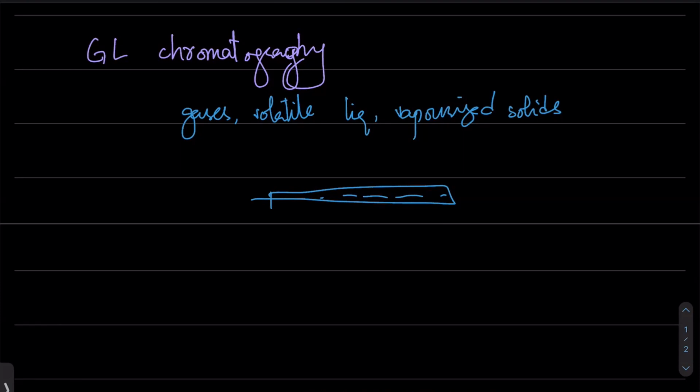And then we make this thing travel in currents of inert gases. So our mobile phase is inert gas. Inert gas, अगर आपका budget low है या आपका temperature low है तो you can use nitrogen. But अगर temperature high है तो we could use argon, we could use helium. ठीक है?